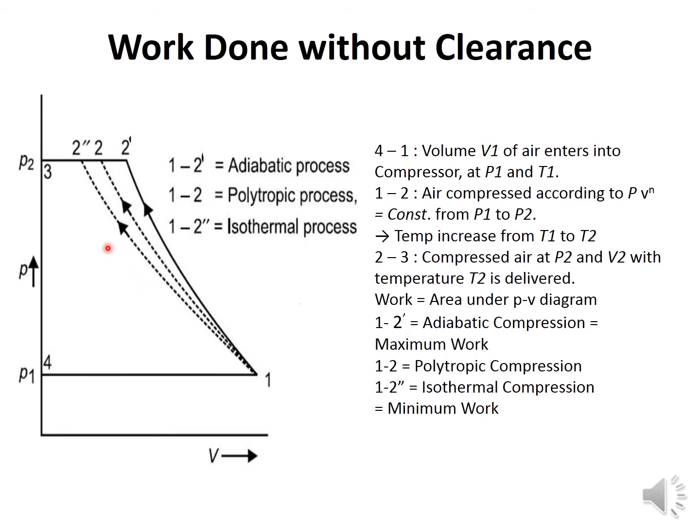Work done in an enclosed area is work done by the system and work done on the system; this one will be negative and this one positive. Here 4 to 1 is the suction pressure, and from 1 to 2 we are going to compress the air.